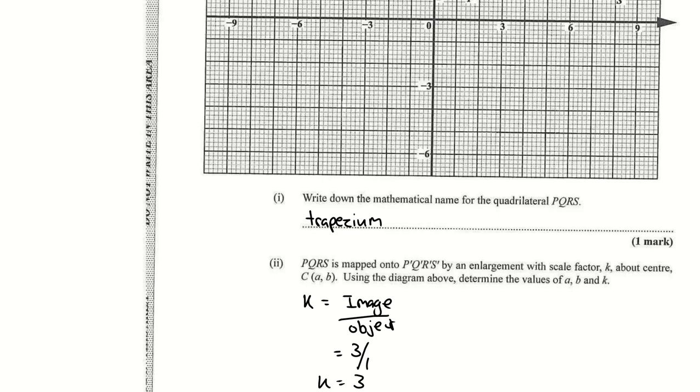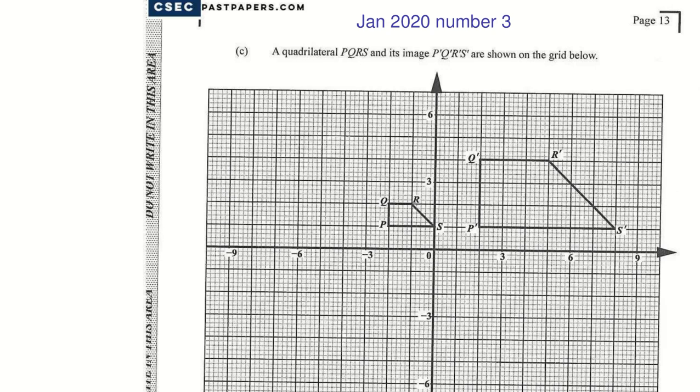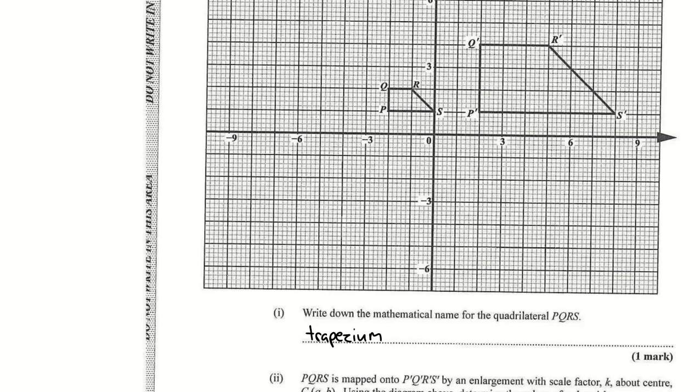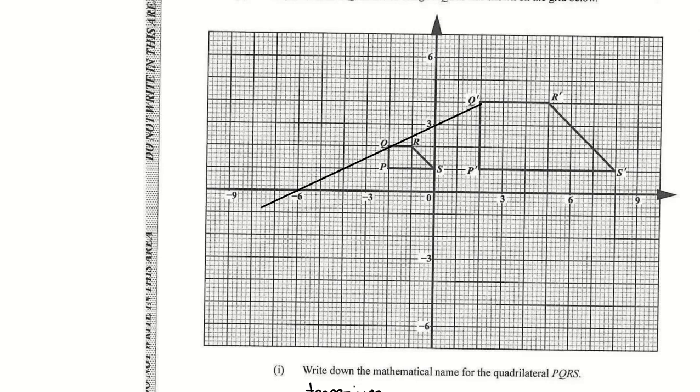And now we need to find the center of enlargement. To determine the center of enlargement, we take a line and connect it to the image of that point. So you draw the line and connect it to the image here. So Q, we elongate it. Then R to here, then S to here as well.